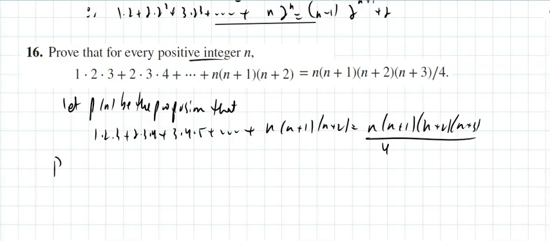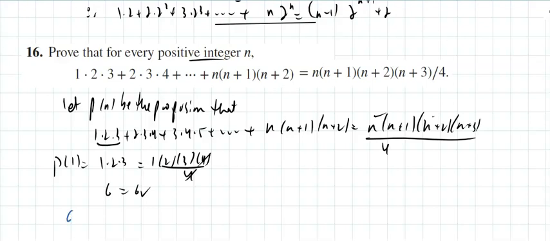It's for a positive integer, so we start at 1. You take the first term, and you want to show that equals, put a 1 there, that's 1, 2, 3, and 4 divided by 4, so yes, 6 equals 6, it checks.